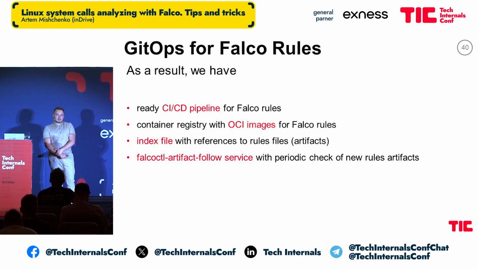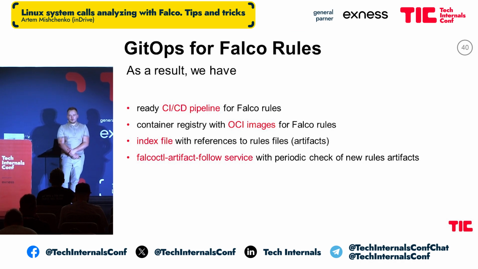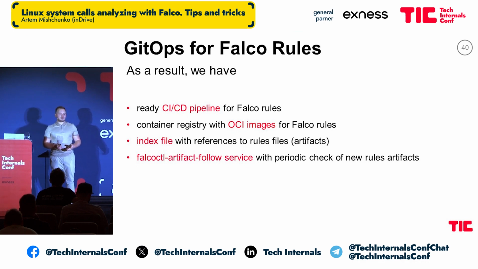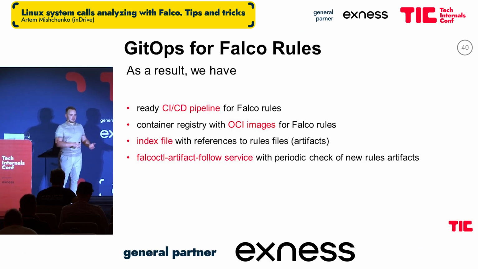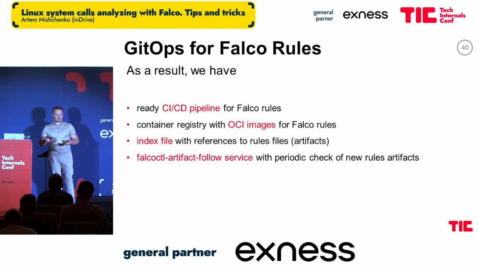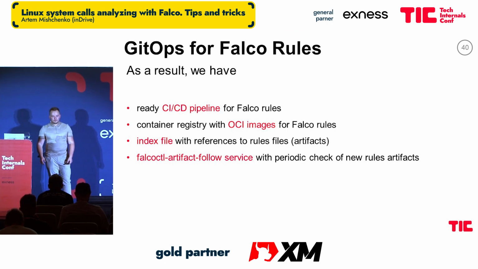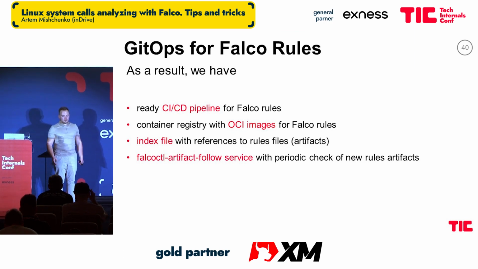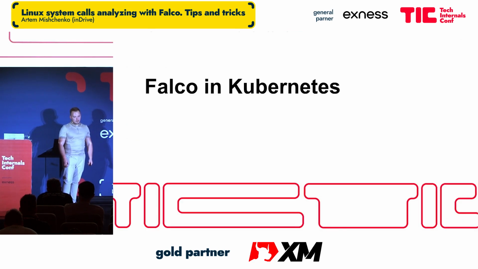We have just an index file available from all our infrastructure without any credentials, just with metadata, just with links and places where we need to download our exact rules and artifacts. And we have this FalcoCTL supplementary service like systemd unit with the periodic check interval of new rules.